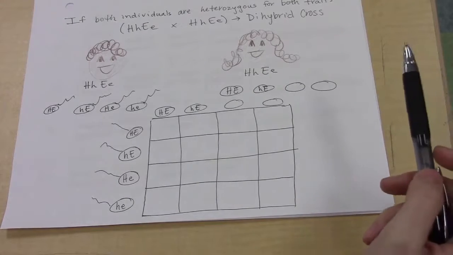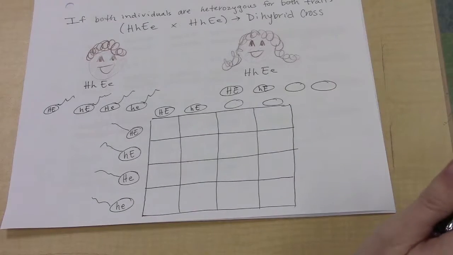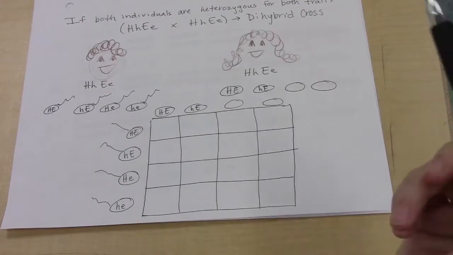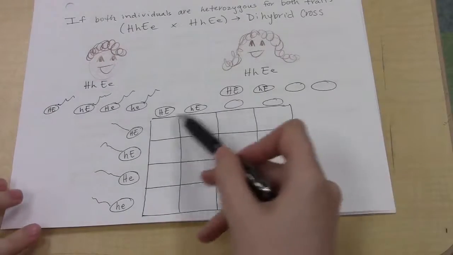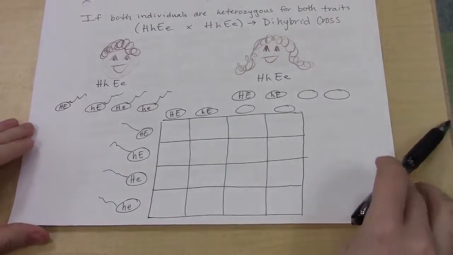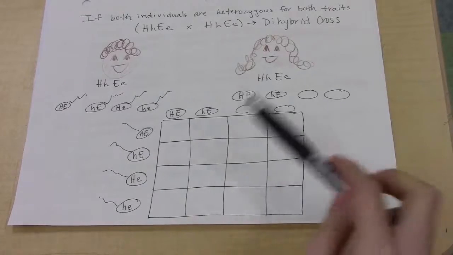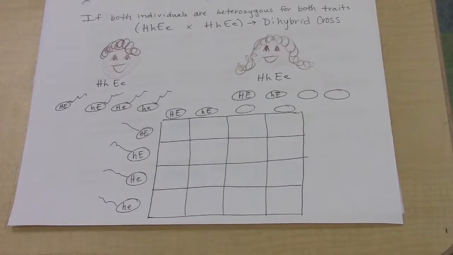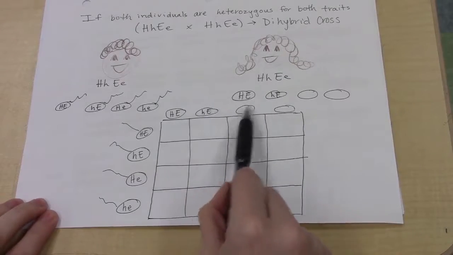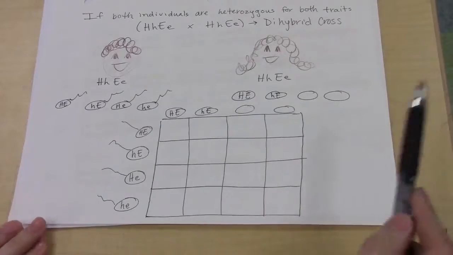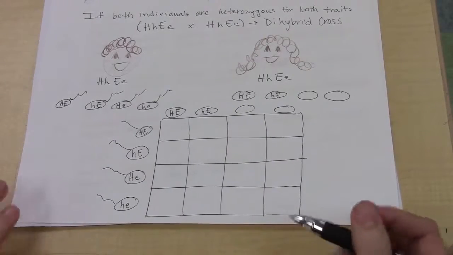So when you have 2 parents that are heterozygous for both traits, we call that a dihybrid cross. So it looks kind of scary. You have this giant 16 size Punnett square, but it's really not that scary. Just remember, each row is for a different sperm allele combination, and each column is just for each different combination of alleles that are going to be in the eggs.